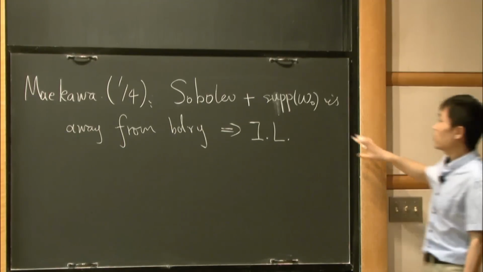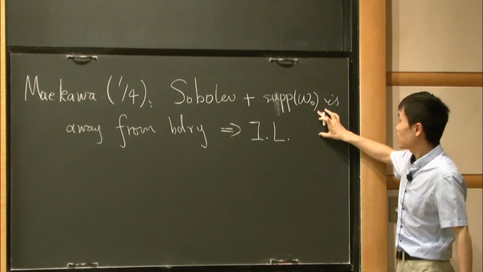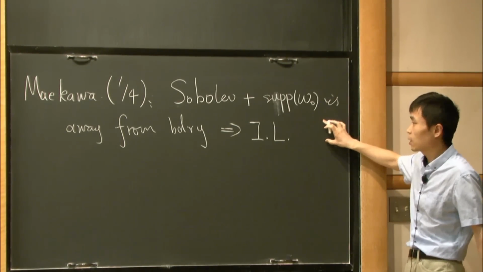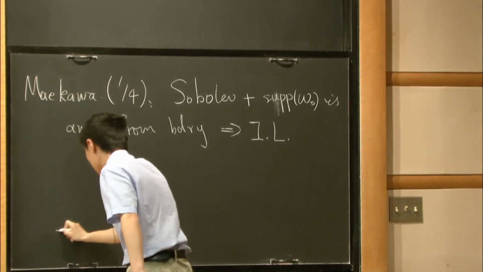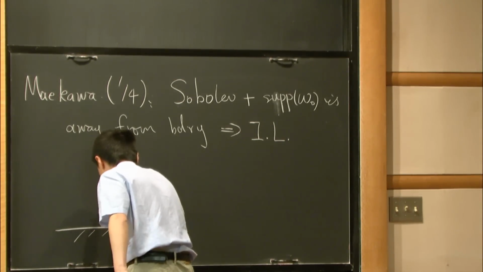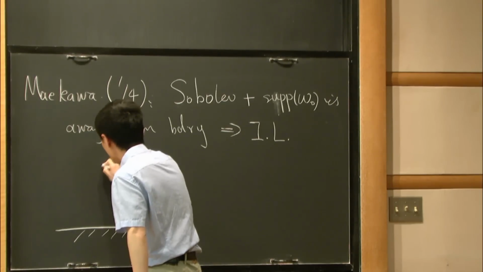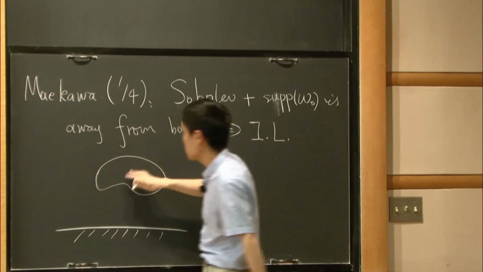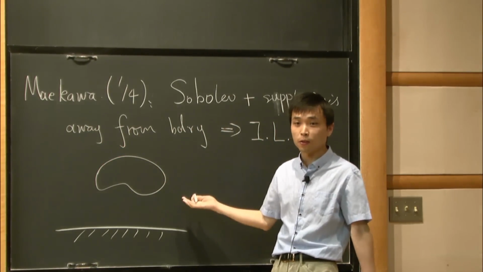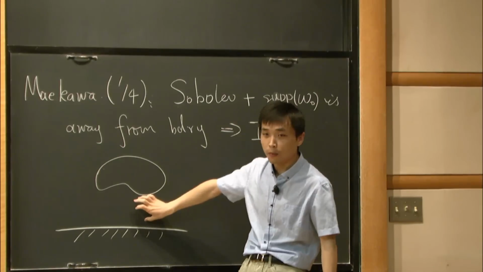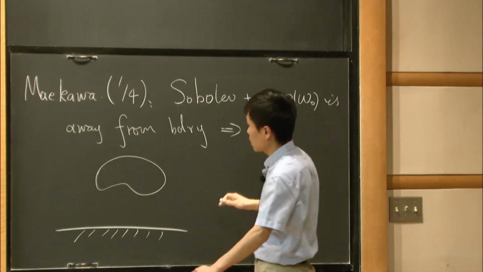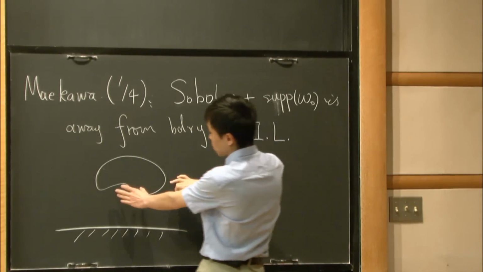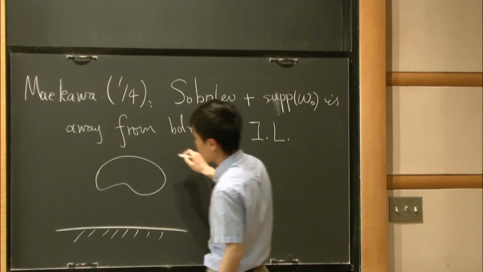But if you really think about it for a while, you find that actually it's not so surprising. Assume this is the boundary, and your vorticity is supported away from the boundary, so it's not touching the boundary, so everything is fine.